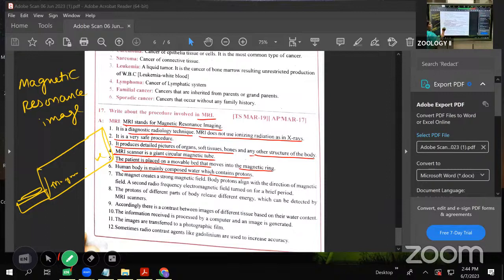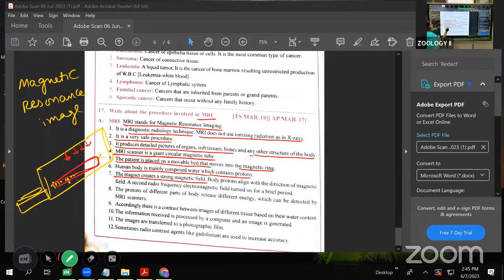When the patient is inserted inside, the body has a large amount of water, and inside that water there are H ions. Those are called protons.